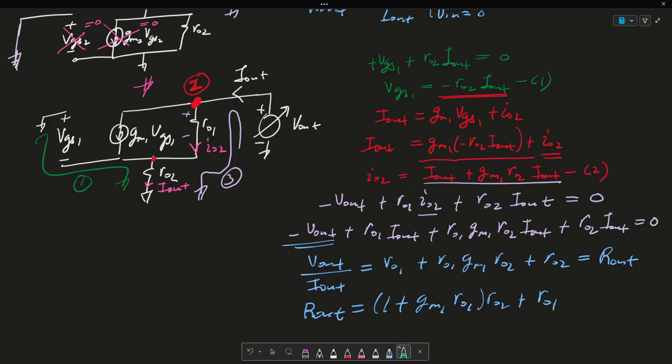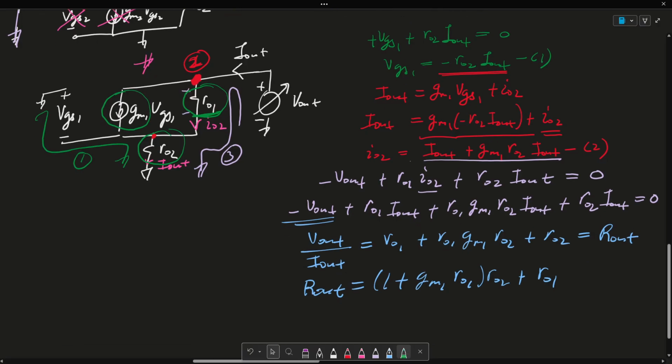So essentially, we're considering the transconductance of my first MOSFET times the resistance in parallel with it times this resistance, plus back again the RO1. So this is an equation you want to memorize as well. It's really good when it comes to analyzing these circuits pretty quickly.